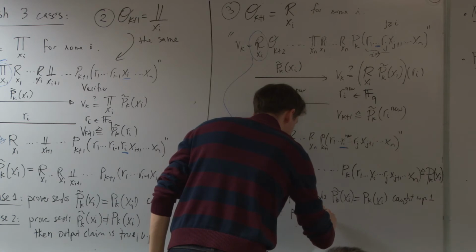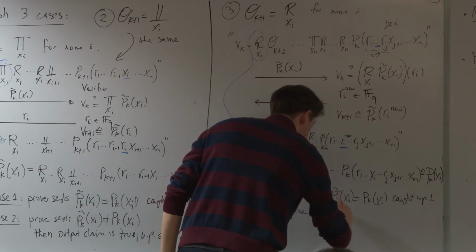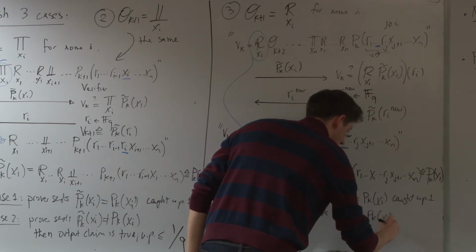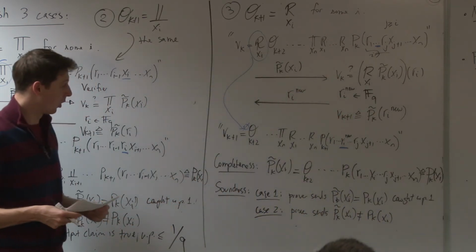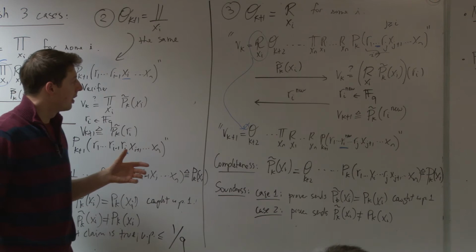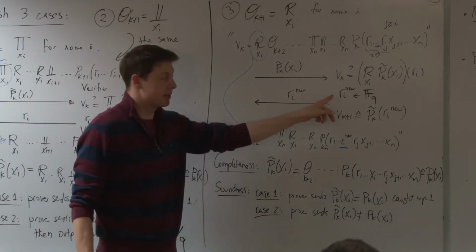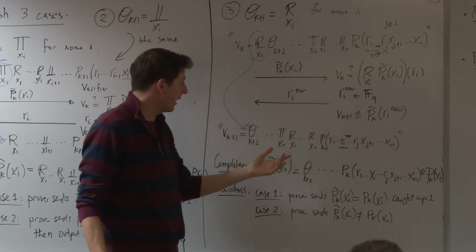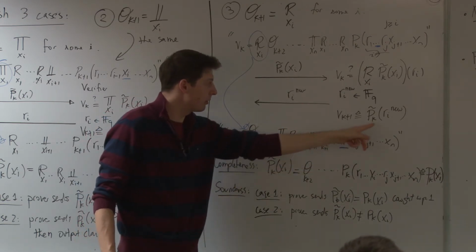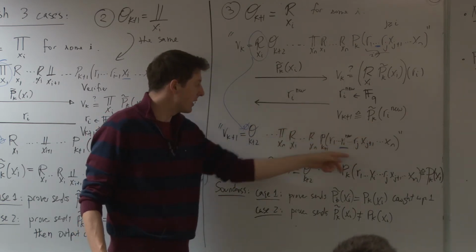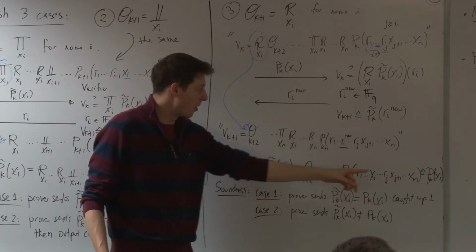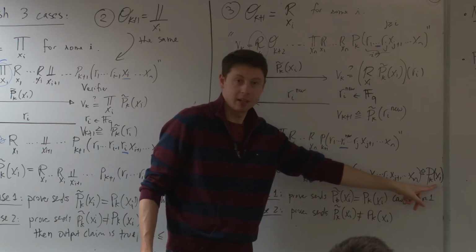All right, in case 2, the prover sends pk tilde xi that is different from pk xi. Okay. I sample this Ri new, okay? And then basically I have a claim that says, look at this thing and compare it to that one. Now this guy contains pk evaluated at Ri new.